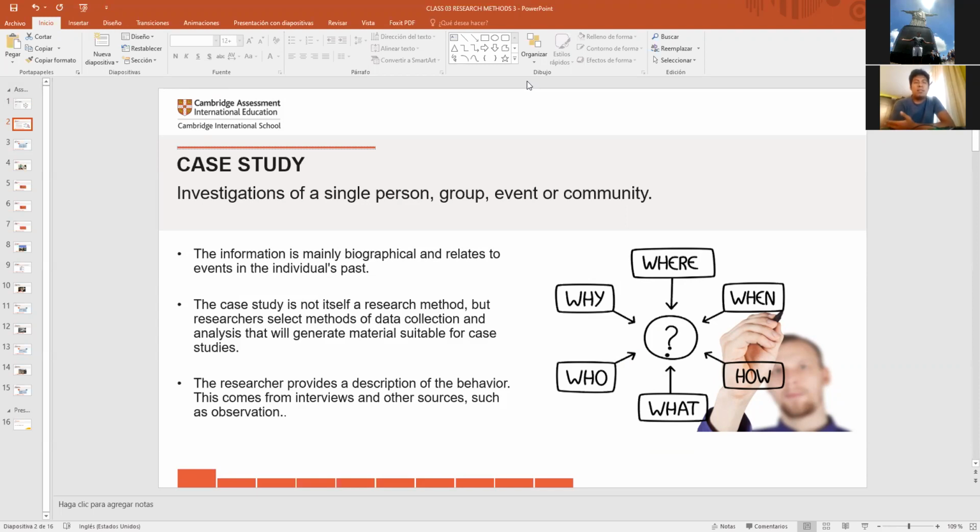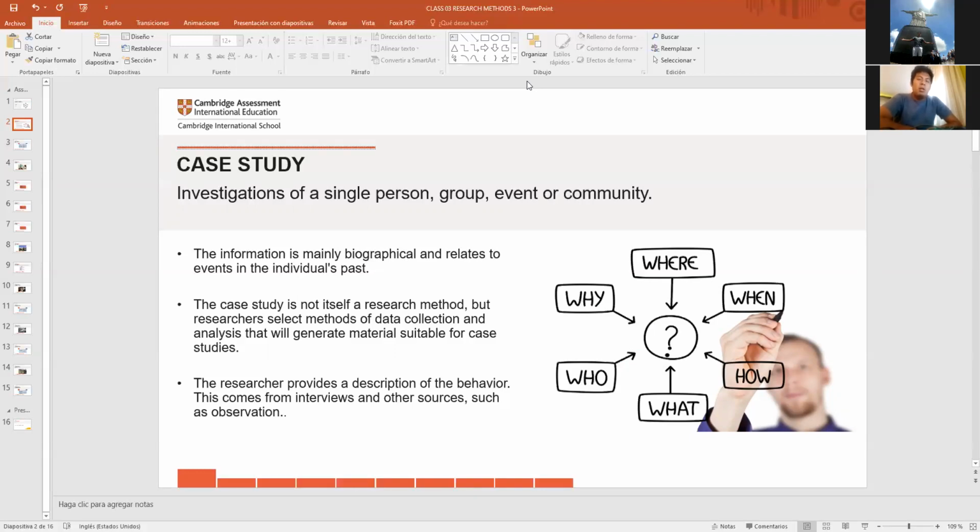So how do we gather the data? From interviews and other sources such as observation. Especially interviews and observation. It says that it is not itself a research method, but researchers select methods of data collection and analysis that will generate material suitable for case studies.